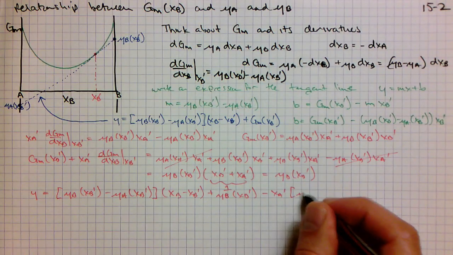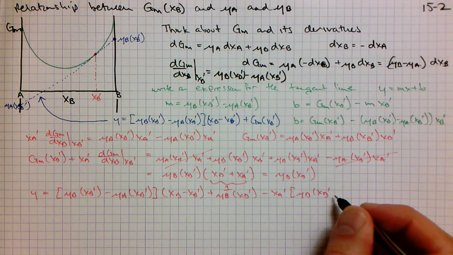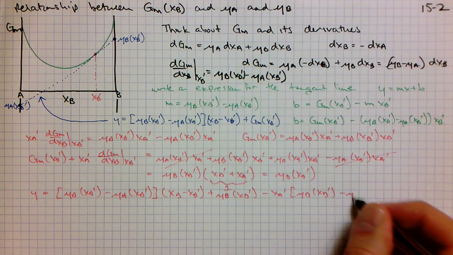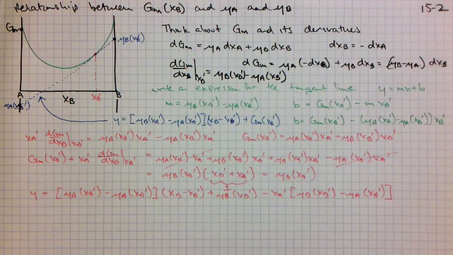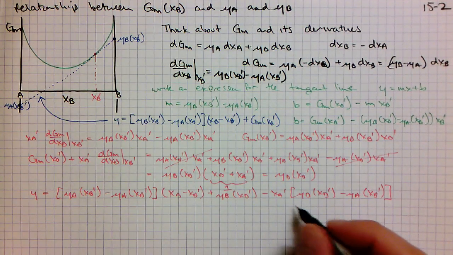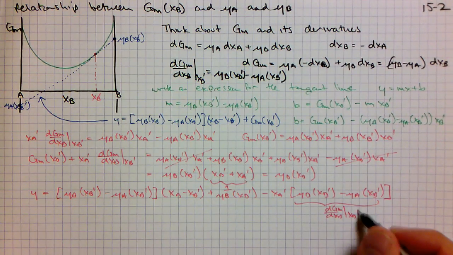So mu b at xb prime minus mu a at xb prime. Okay. So this is dgm/dxb evaluated at xb prime.